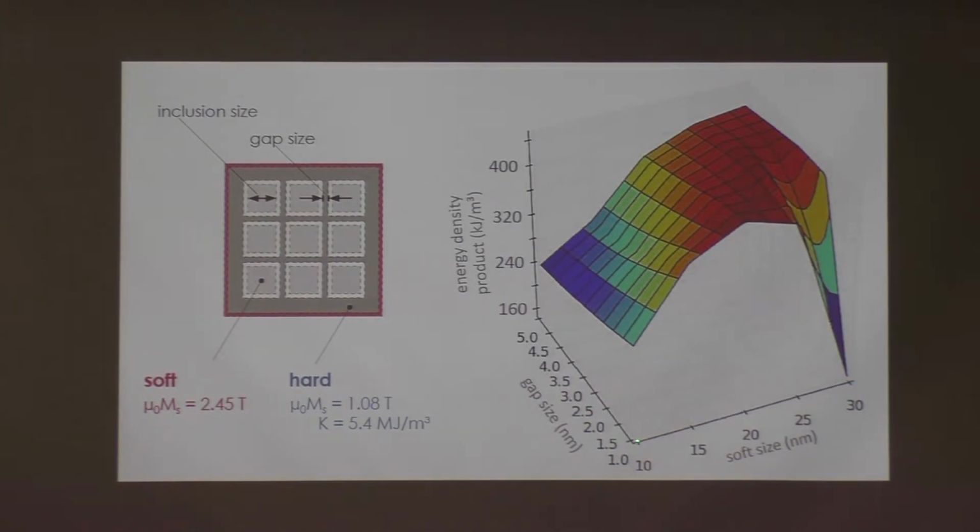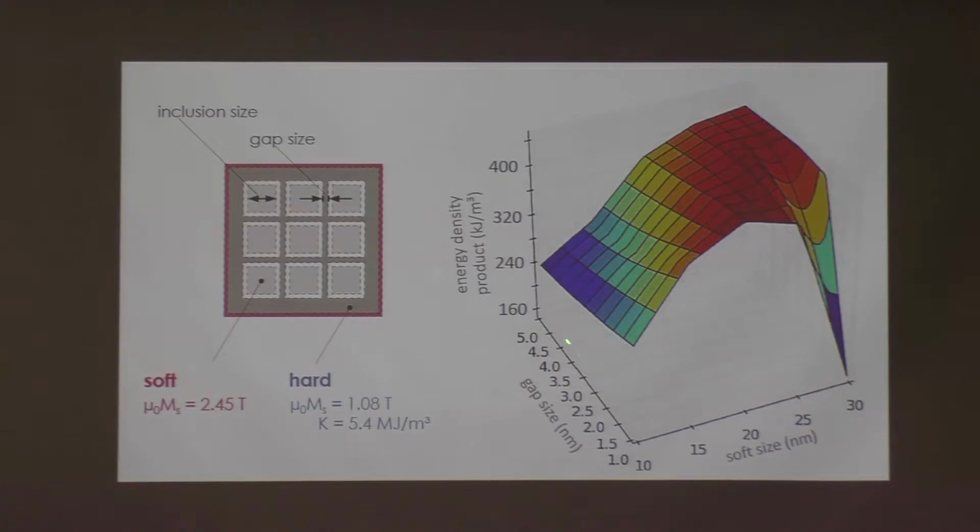If the size of the soft phase is too small, we also lose energy density product. And there seems to be a maximum at a size of the soft cubes of around 20 nanometers.